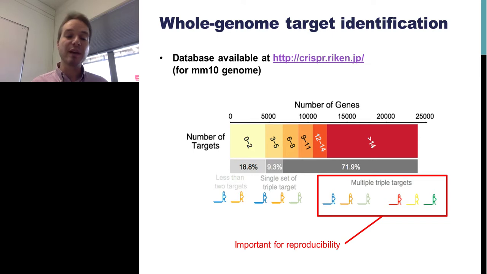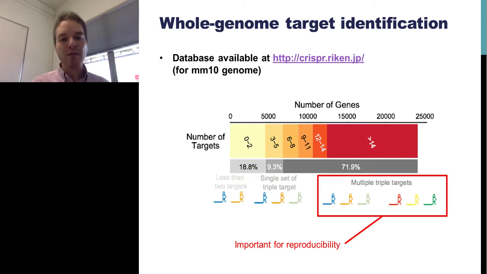By doing that, you're reducing the risk that the phenotype that you observe is because of an off-target modification, because it's very unlikely that the independent set of targets would have the same off-target modification, because the targets are different. So having, for most of the genes, that ability to have multiple sets of triple targets is very valuable.